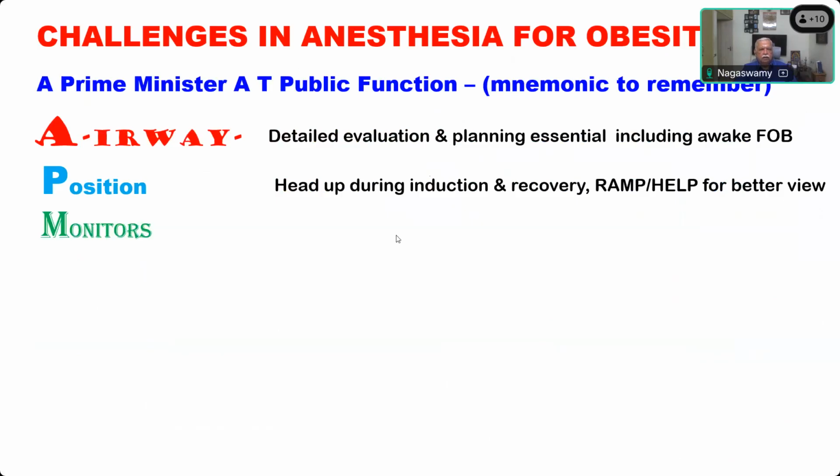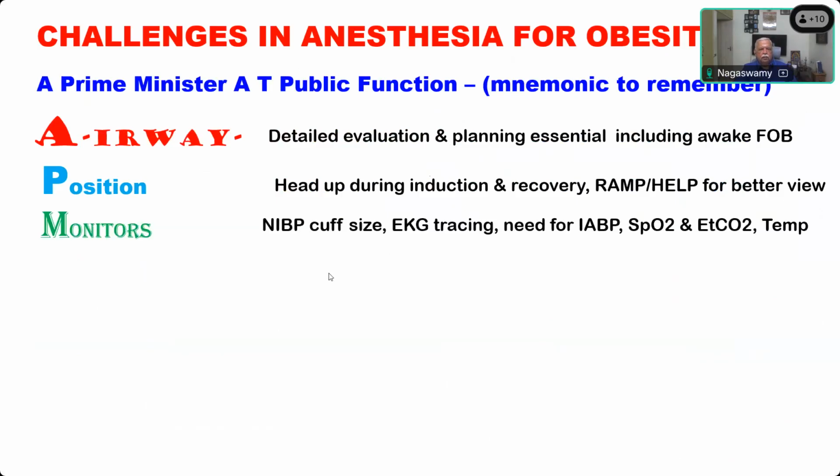Monitors, what monitors are you going to use? NIBP cuff size, which she mentioned. If you don't have the extra large cuff, you can always use it on the forearm just below the elbow, especially if the artery line, which is in the cuff, which many of you would have noticed, should be on the radial side, so that the radial artery pulsations are easily picked up compared to the ulnar side.